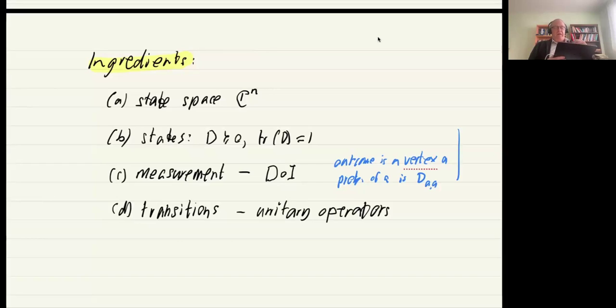The general jargon is that we would have a collection of quasi-semi-definite matrices P_i summing to the identity, and then the probability of observing r is the trace of P_r D. And this is non-negative because the trace of a product of two quasi-semi-definite matrices is always non-negative, and it sums to one because we assume that the P_i sum to the identity.